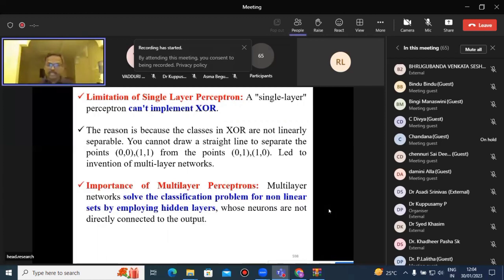Importance of the multi-layer perceptron. Multi-layer networks solve the classification problem for nonlinear sets by employing hidden layers, whose neurons are not directly connected to the output.